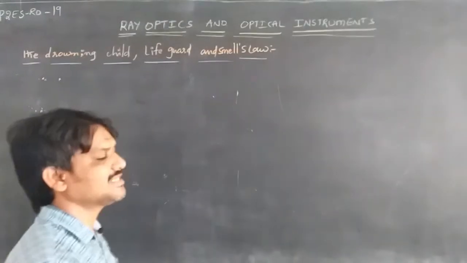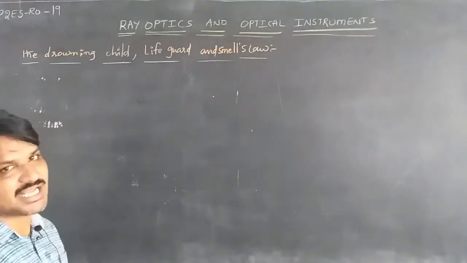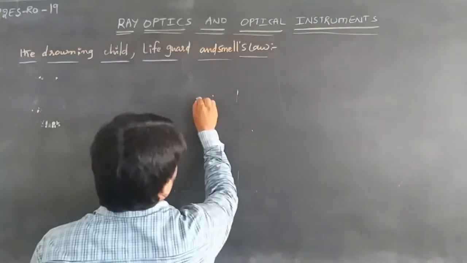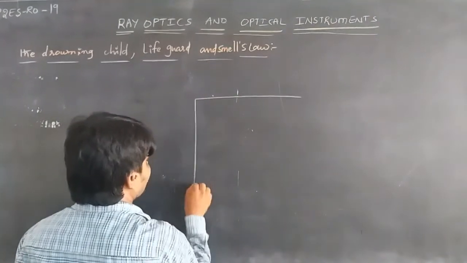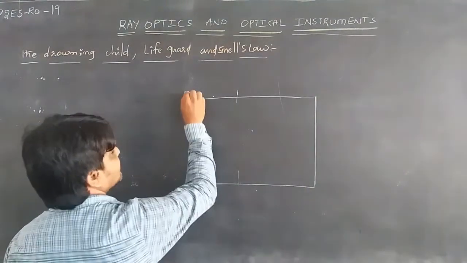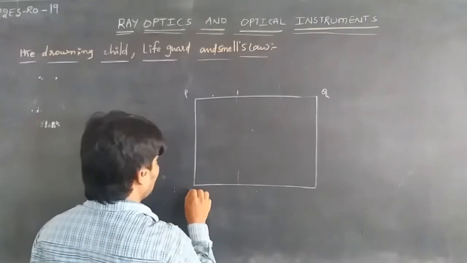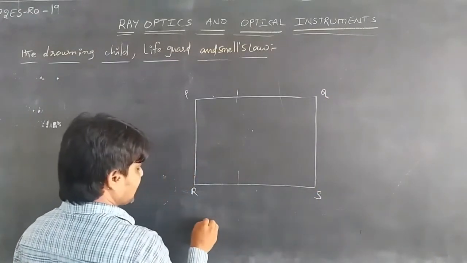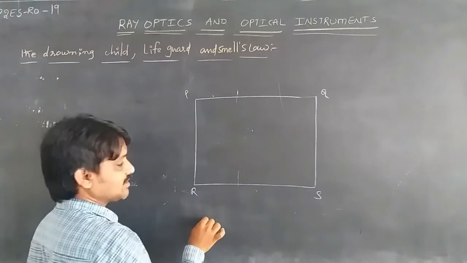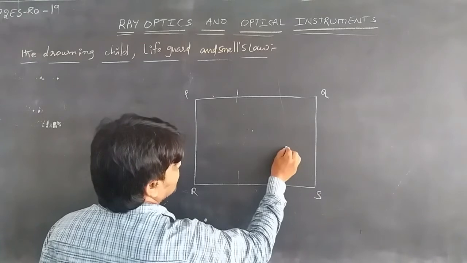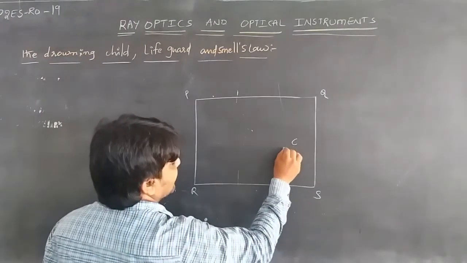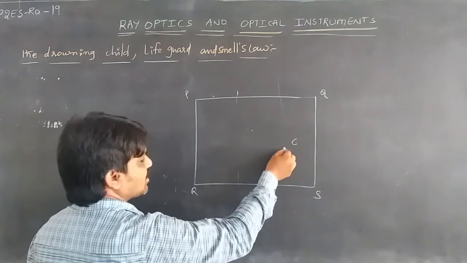So now we are going to discuss the drowning child, lifeguard and Snell's law. Consider a rectangular swimming pool PQRS. The lifeguard sits outside the pool at point G, and a child is drowning at point C in the pool.